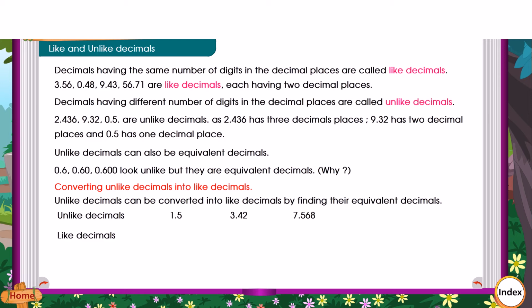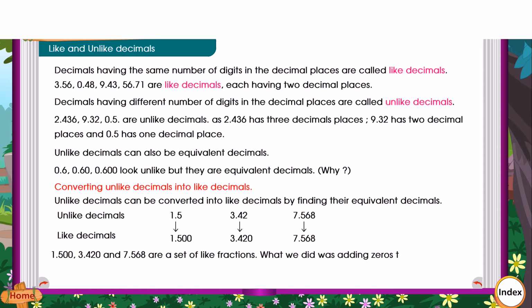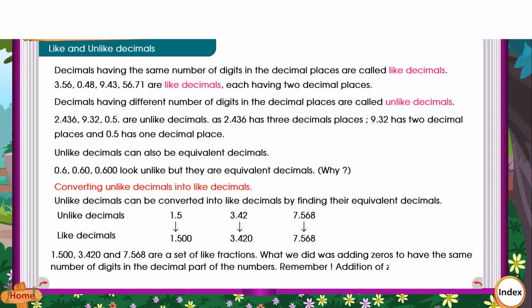Like decimals: 1.500, 3.420, 7.568. 1.500, 3.420 and 7.568 are a set of like decimals. What we did was add zeros to get the same number of digits in the decimal part of the numbers. Remember, addition of zeros does not change the value of the decimals.